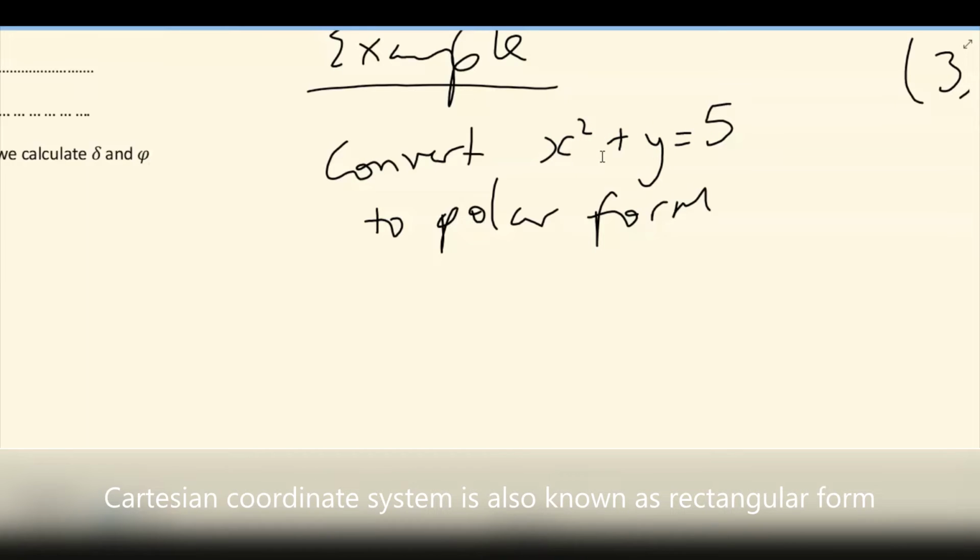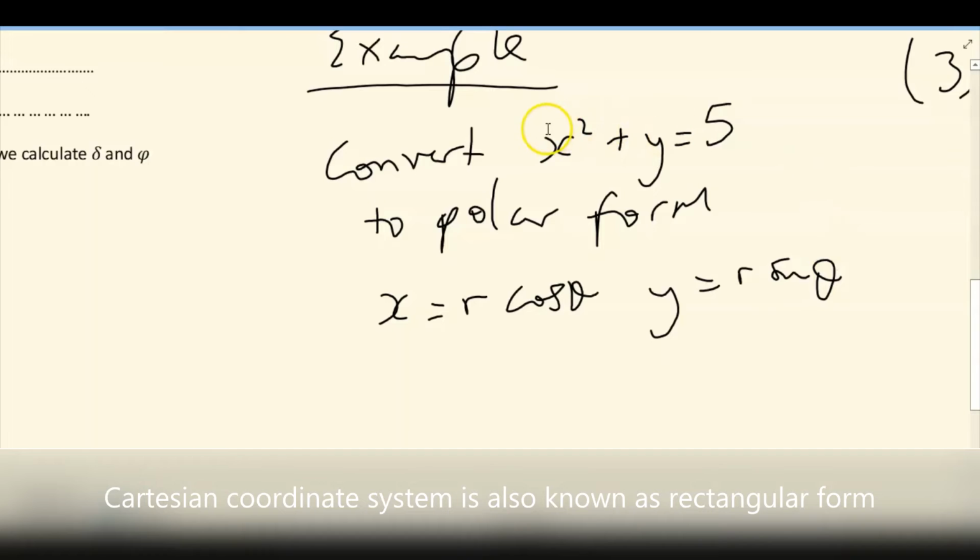So what we know is that x equals r cos theta and y equals r sine theta. So we just replace this in the equation. Where there is x here, we're putting r cos theta.